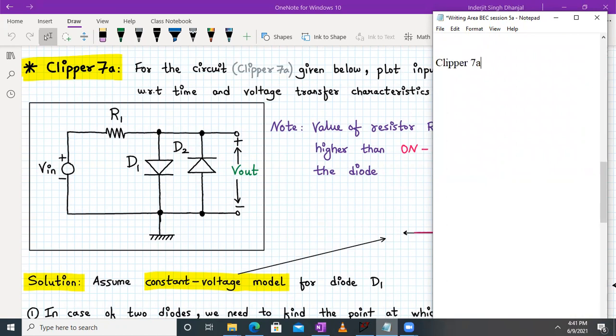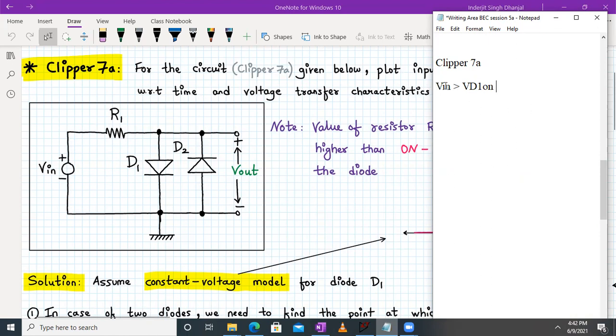Let us first identify, only for the diode D1, what will be the turn on condition. So when will diode D1 turn on? We have seen this before. D1 will turn on whenever Vin is greater than VD1 on. Let me write it as VD1 because there is another diode D2 also.